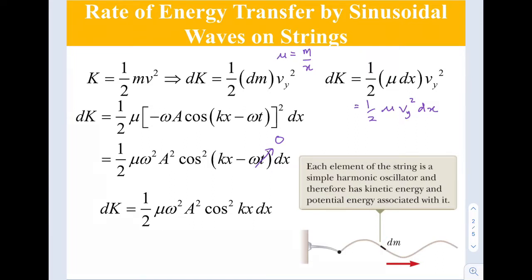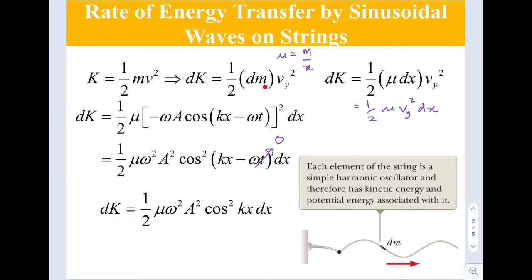In terms of kinetic energy, firstly, we know it's equivalent to half m v squared, and we are talking about a small portion of m, therefore this kinetic energy is also a small portion, equivalent to half dm vy squared. Why is it vy? Because the motion of this part is up and down.